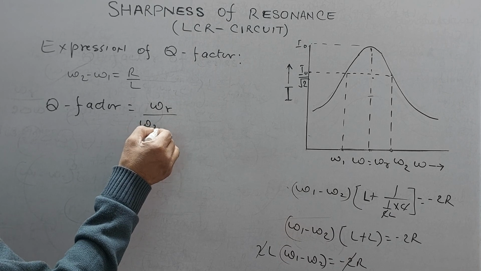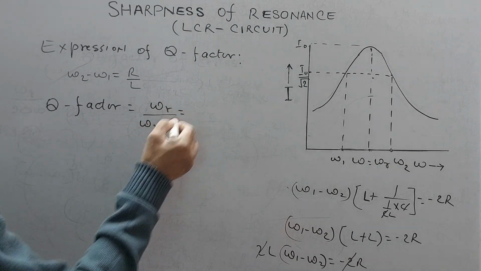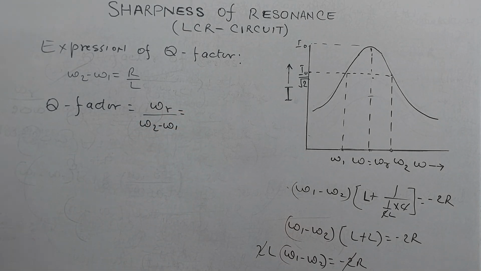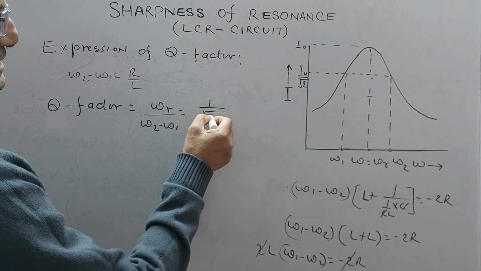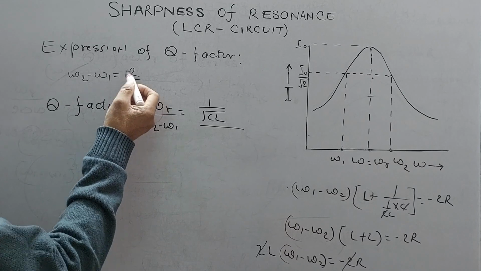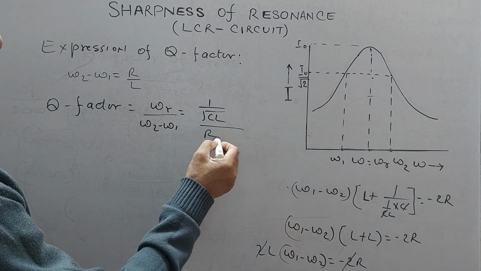It means that if I place the value of omega as 1 upon root CL, divided by omega 2 minus omega 1, which has the value R upon L.